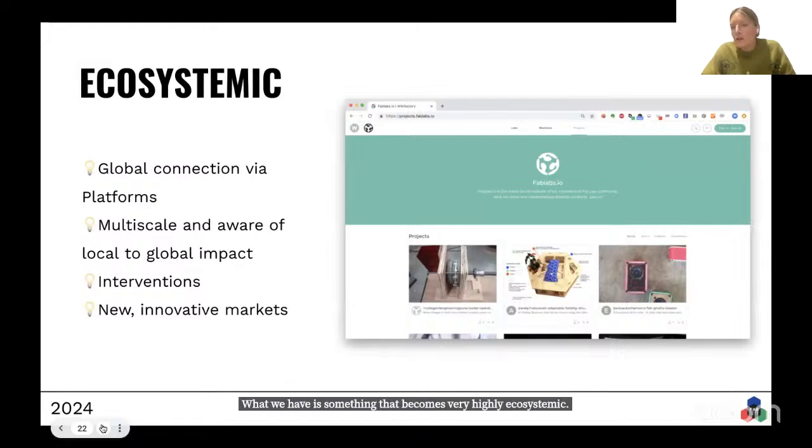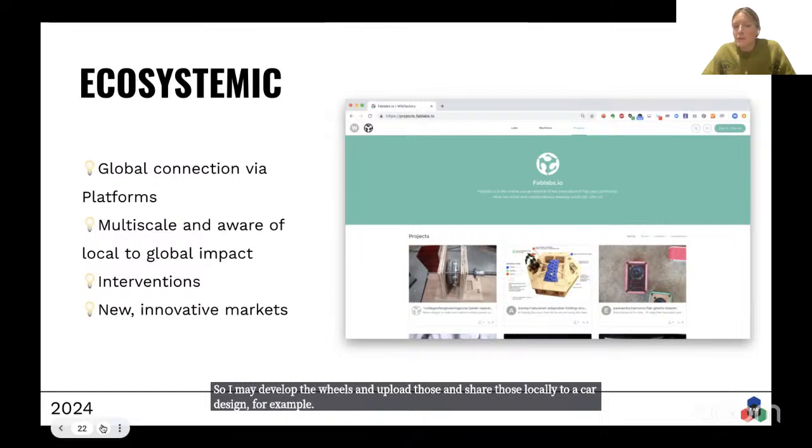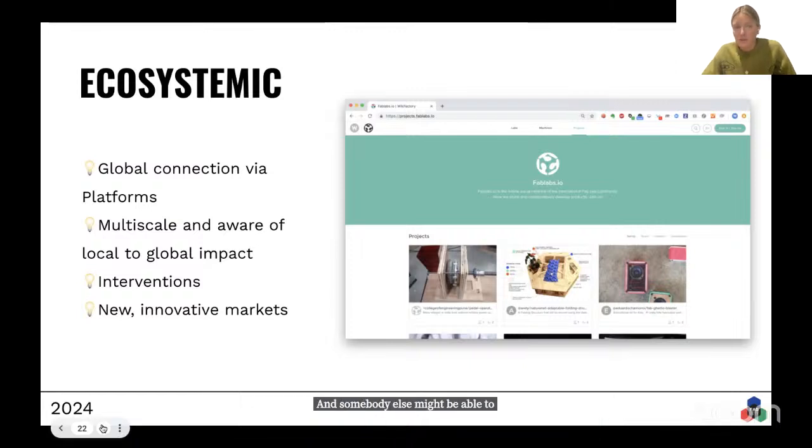So instead of having one product that's owned by one individual producer, we have a platformed approach in which different parties may be part of developing one product. So I may develop the wheels and upload those and share those locally to a car design, for example, and somebody else might be able to design the rest of this design.